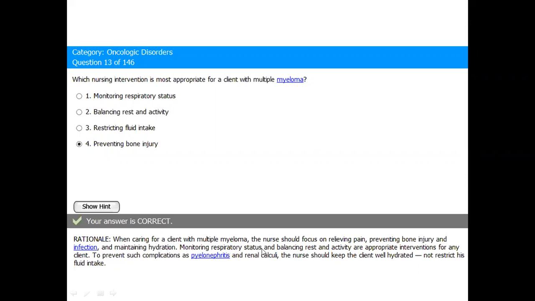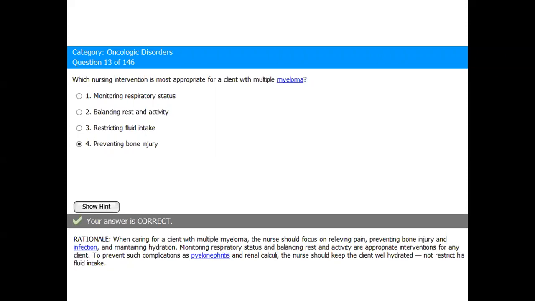Monitoring respiratory status or balancing rest and activity are appropriate interventions for any client. But for multiple myeloma, the most appropriate is preventing bone injuries, to prevent such complications like pyelonephritis.